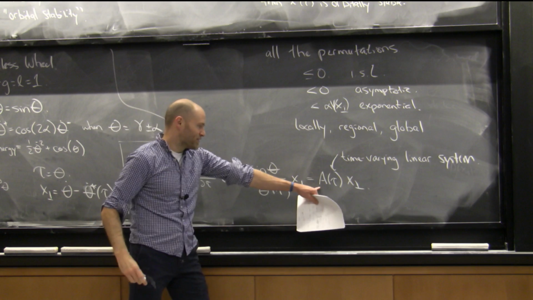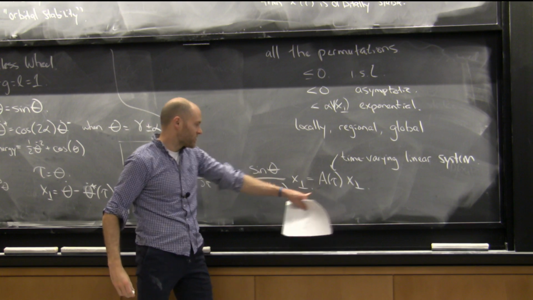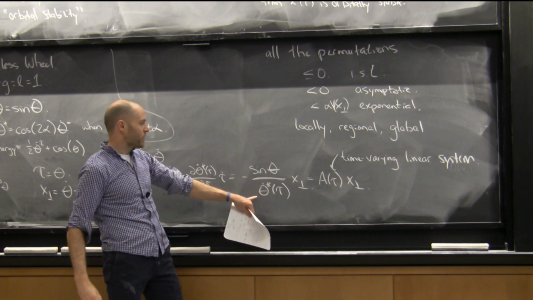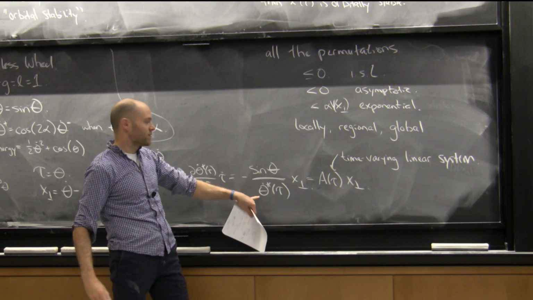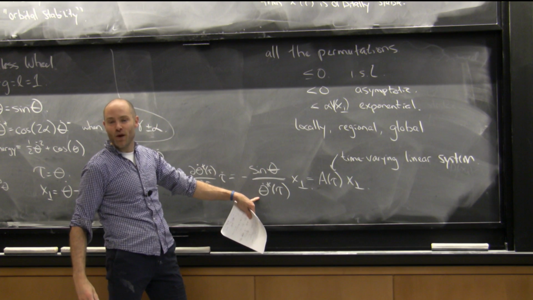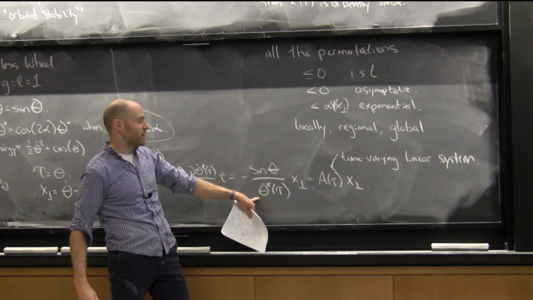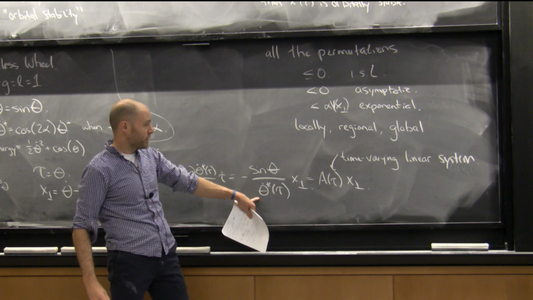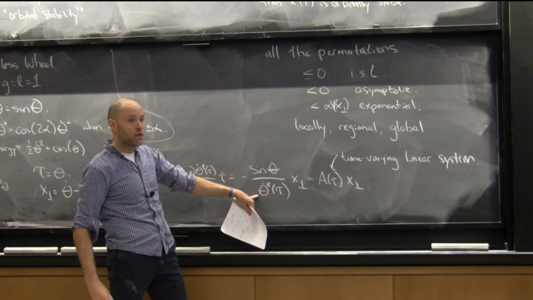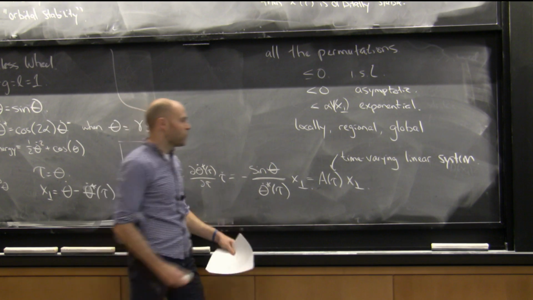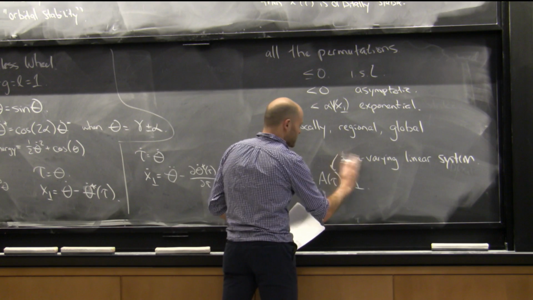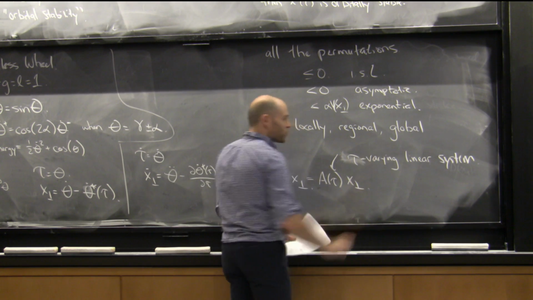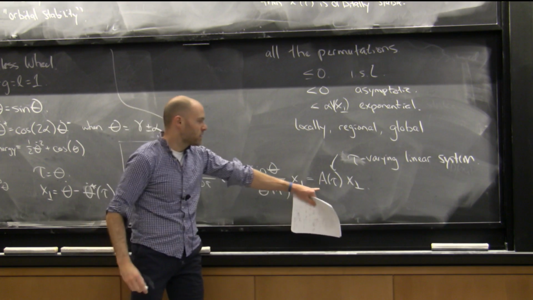I could have written this as lowercase a, because it's really a scalar in this case, and it's a scalar that's trivial to compute. So I'm going to ask you some very basic questions about the stability of this system. It depends on tau. Yes, it's not really time. I actually wrote tau varying, and I was debating whether I should write that. It looks a little weird on the board, but tau varying is fine.